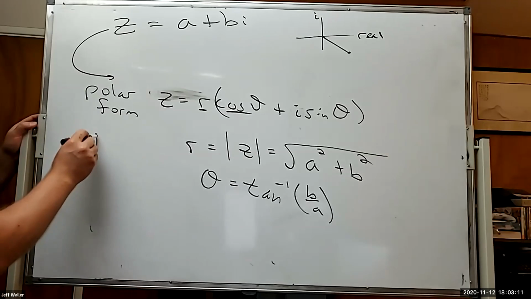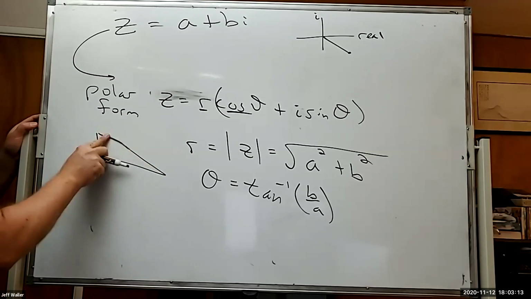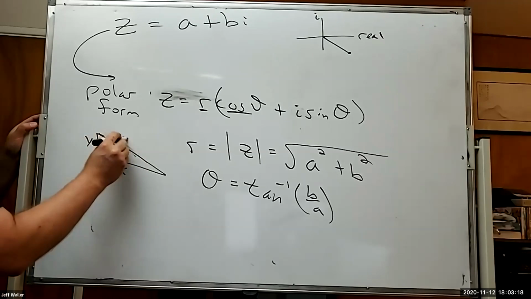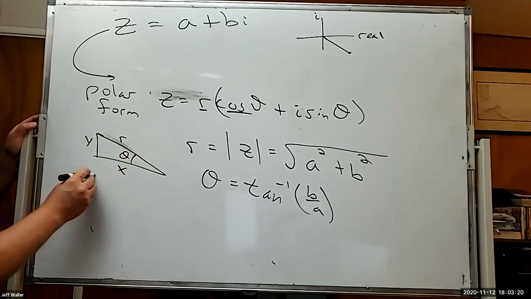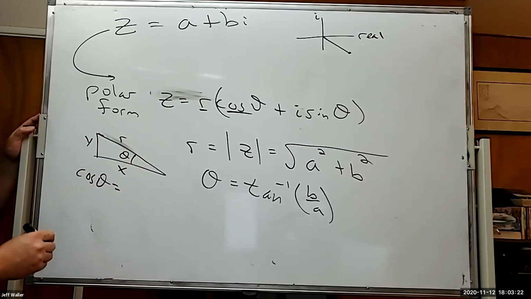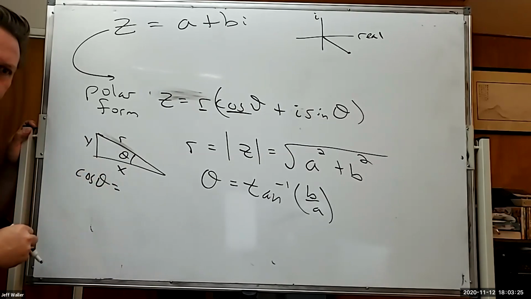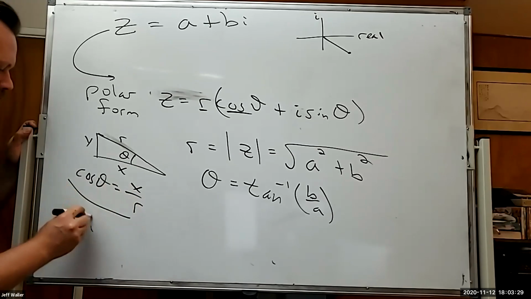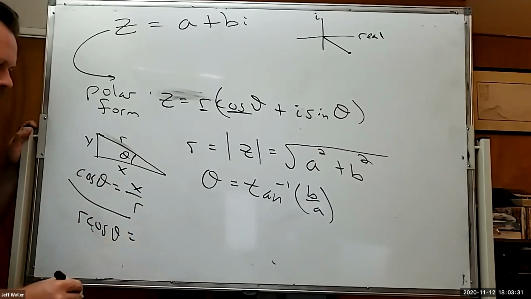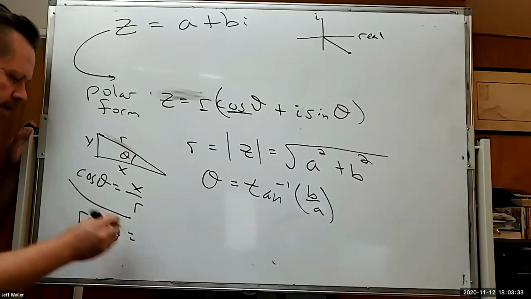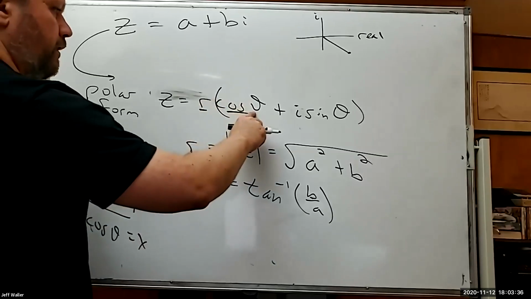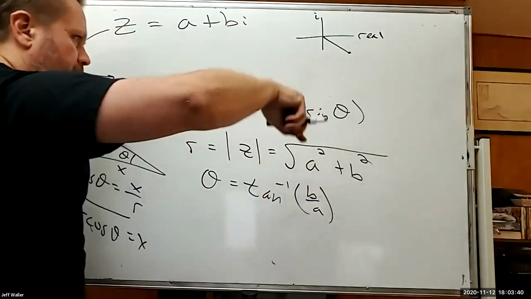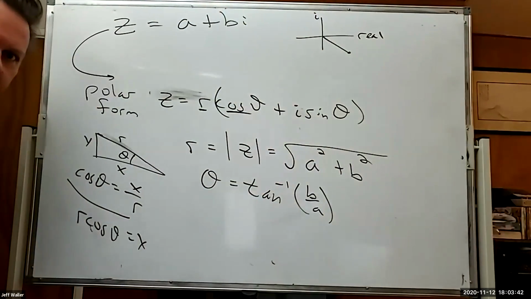Here's Y, here's X, here's R. What's cosine theta? X over R. So what's R times cosine theta? X, thank you. R times cosine theta is the X piece, the real piece. R times sine theta is the Y piece, the imaginary piece, right?